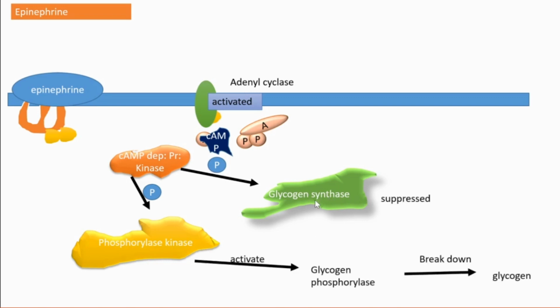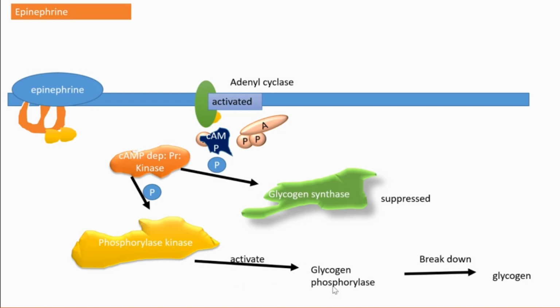What are these enzymes doing? Glycogen synthase converts glucose and helps in the building up of glycogen, which we actually need to stop. So that is happening here by suppressing glycogen synthase. And by phosphorylating phosphorylase kinase, this enzyme gets activated. As it gets activated, what is the result?